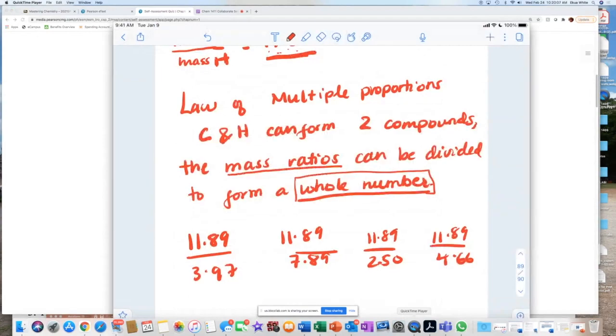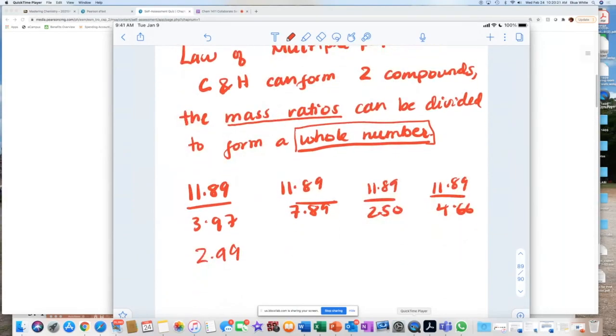So this is what I have written down. As soon as I get the whole number, I stop, right? 11.89 divided by 3.97. Okay, I get 2.99. So that may be my answer, right? It's very close. Let me try the next one. 11.89 divided by 7.89, 1.5.